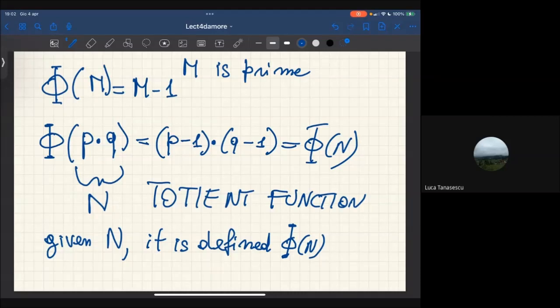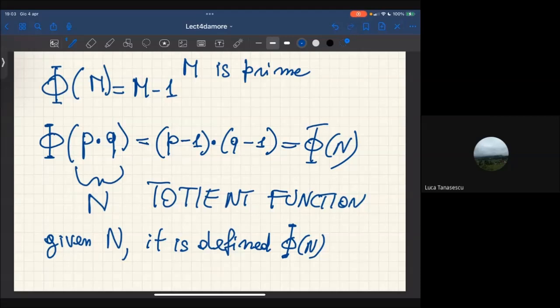Otherwise, other people cannot compute phi of n. Okay? So remember, n is the product of two large prime numbers that are chosen by Alice in a secret way.